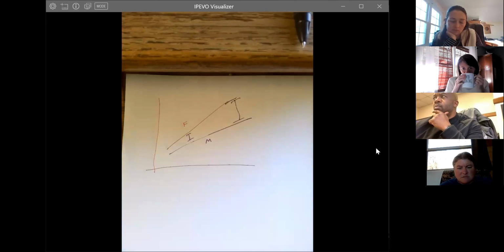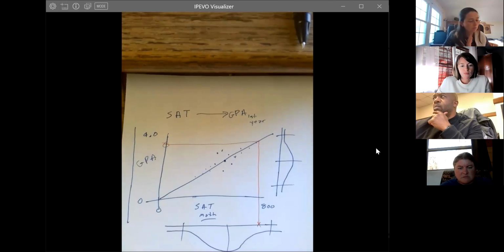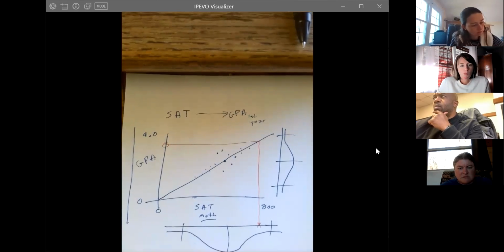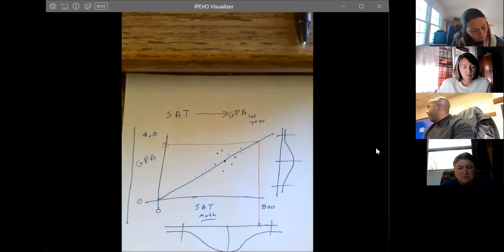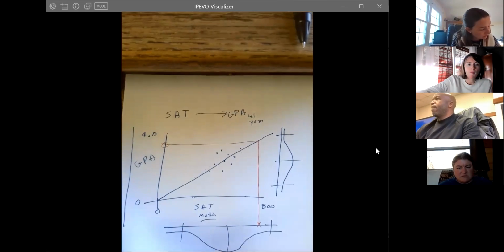And that's called the general linear model, which is all built around correlation. And if you know correlation, you know regression, because regression is just the formula for the line.